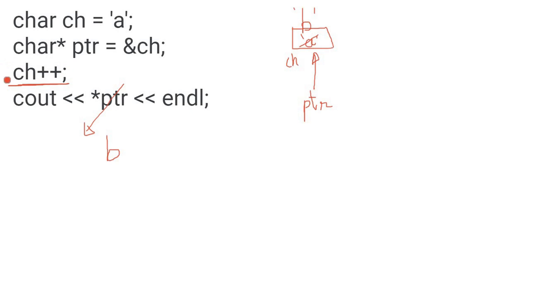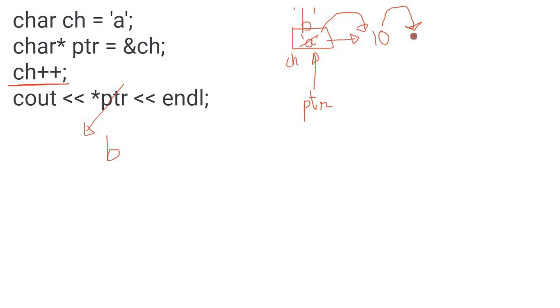Now how does this work? This is the main question, so let's elaborate on this. We know that each character is associated with an ASCII value. Let's say the ASCII value for a small a is, I don't remember the ASCII value correctly, I am assuming it to be 10, let's say. So when we do CH++, the character first gets converted into its ASCII value.